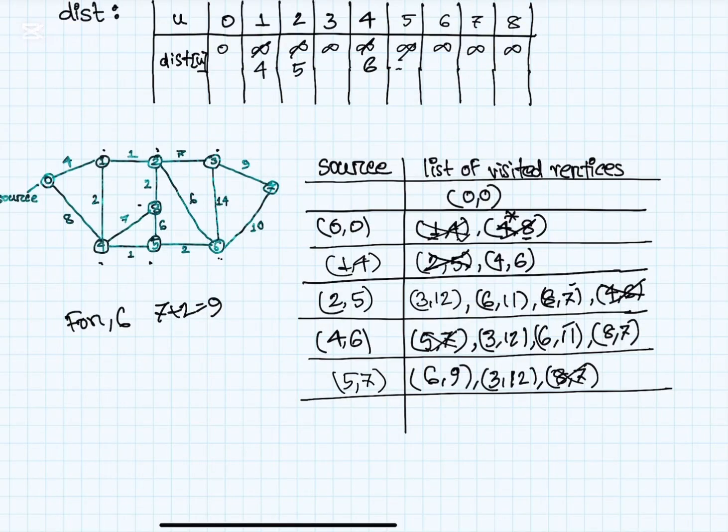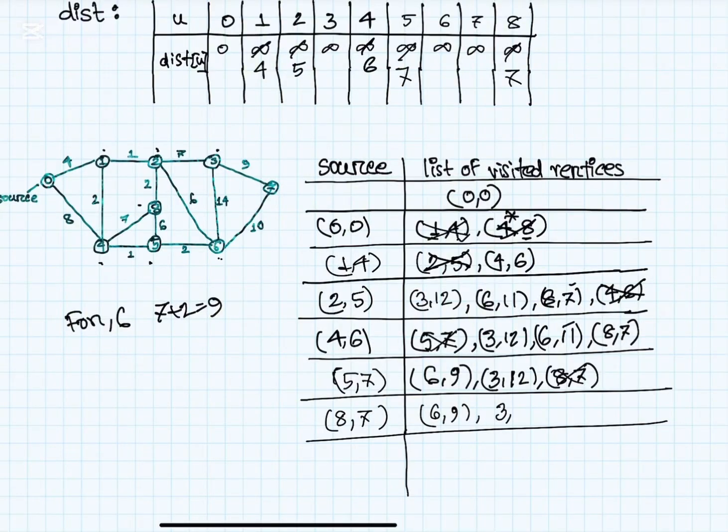Let's update it. So for 8, 7 is going to be the new source. Let's update the distance of 8 as well. 6, 9, 3, 12. Between these two, 6, 9 is smaller. So our next source is going to be 6, 9.